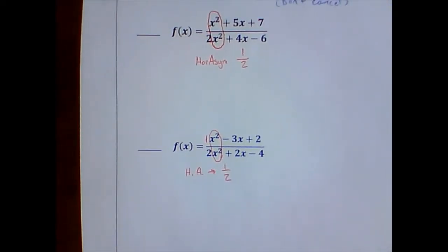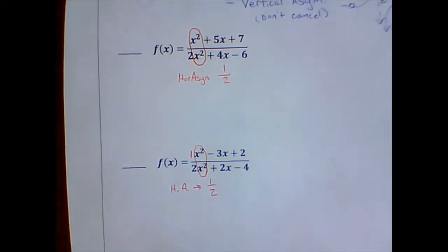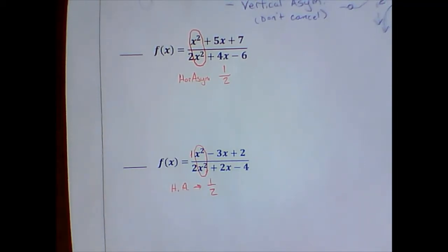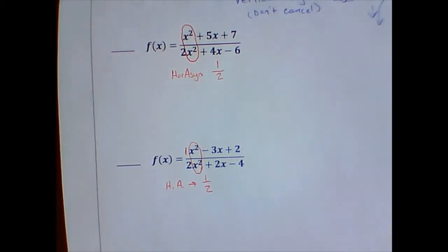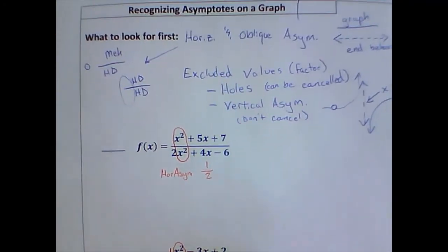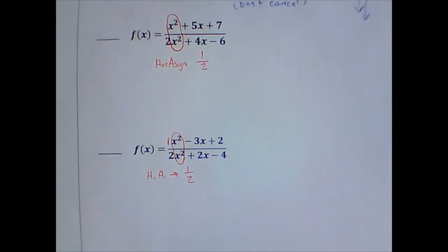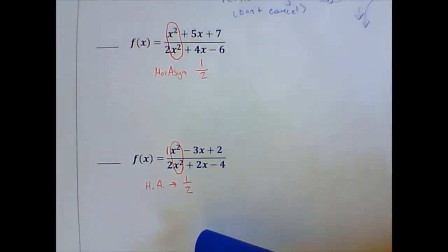Okay, last, but certainly not least, these 2 unfortunately have the same horizontal asymptotes. So we're going to have to do a little bit more work to figure out which graph they belong to. Okay, so looking back, let's look for excluded values.